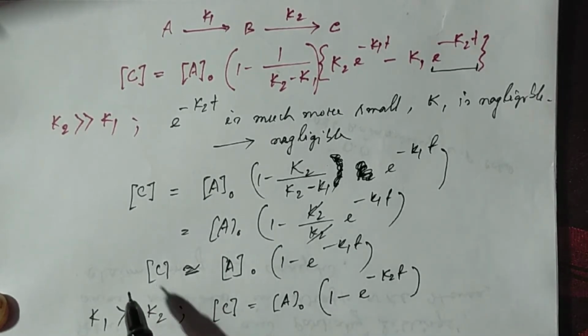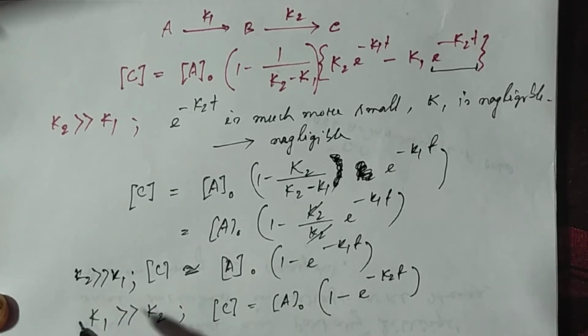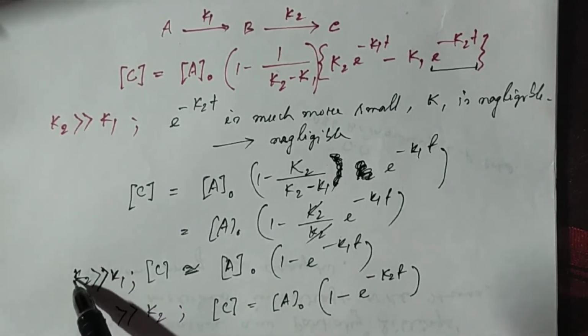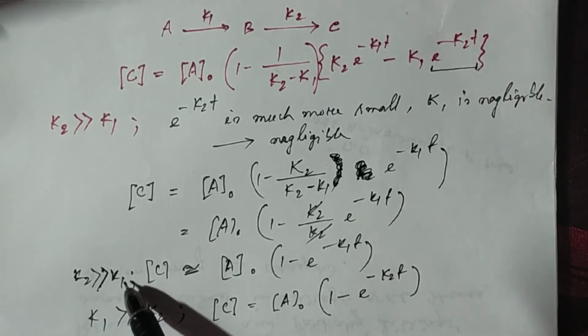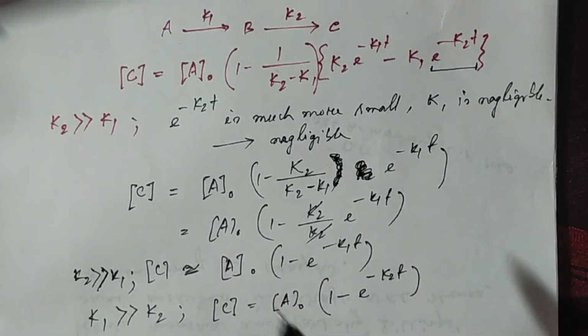Okay, so you can see that when K2 is much higher than K1, that means the first step, A to B, with K1, is the rate determining step.